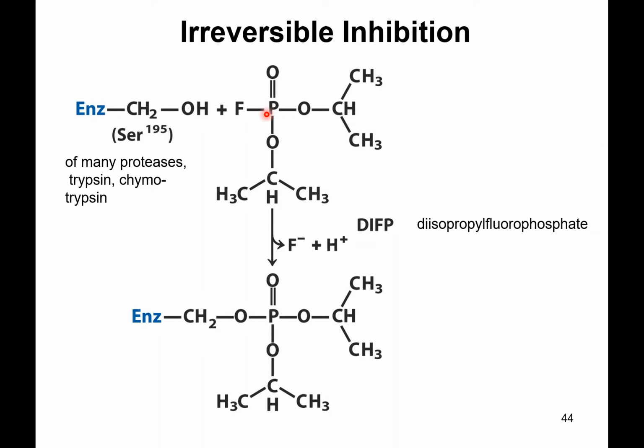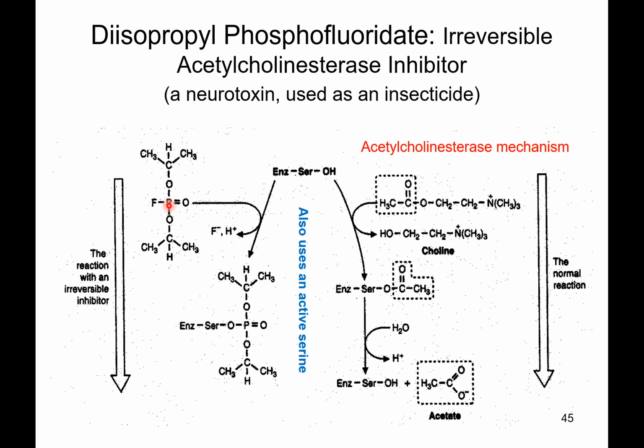You don't really need to know this mechanism, but you have this fluorine group. That fluorine's lost, and you get a very stable covalent bond formed, and that inhibits the enzyme irreversibly because this can't be removed from the active site, and this serine residue is catalytic. The enzyme needs it to function.